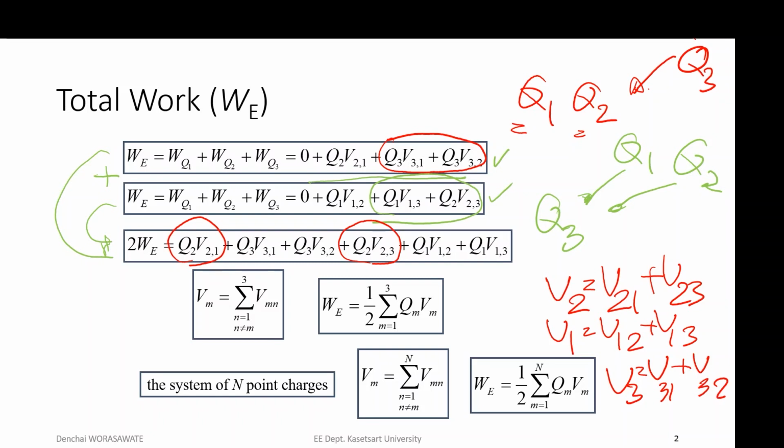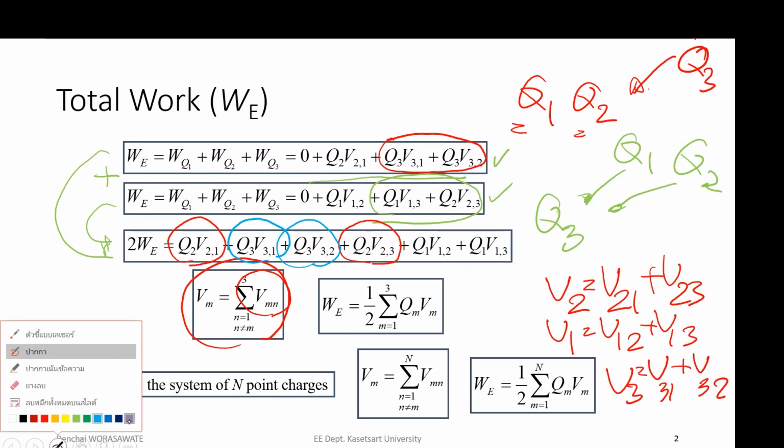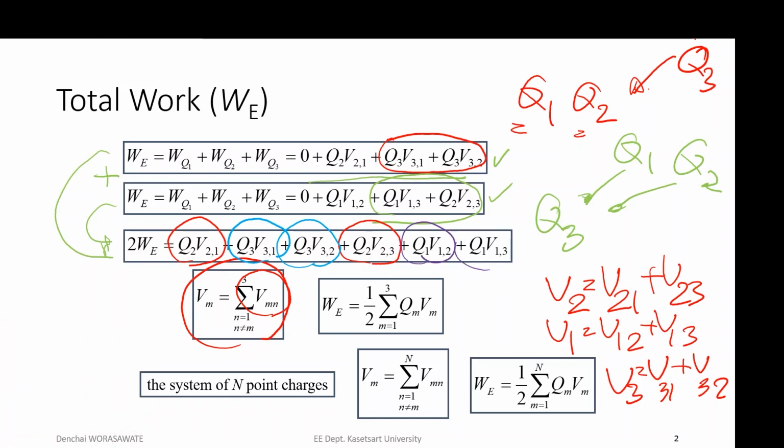So from here, I can call this the potential at point M, by summing up the potential produced by the other charges. Then I can group this term and this term, and I can group this term and this term.